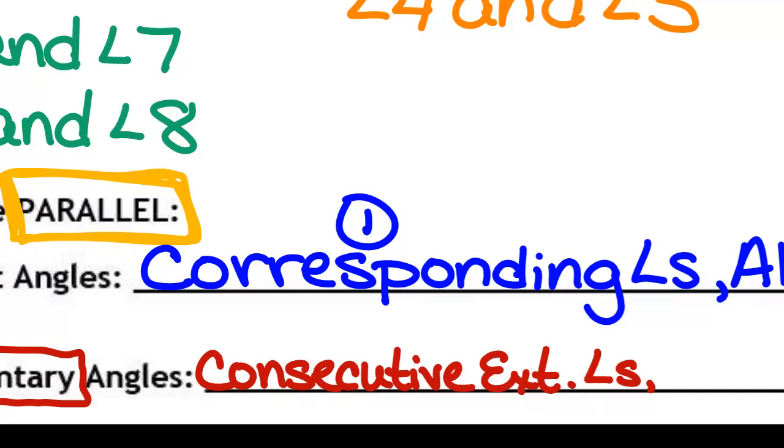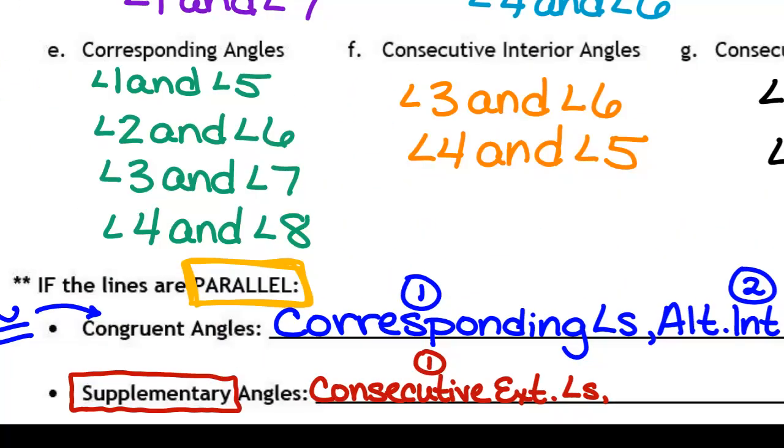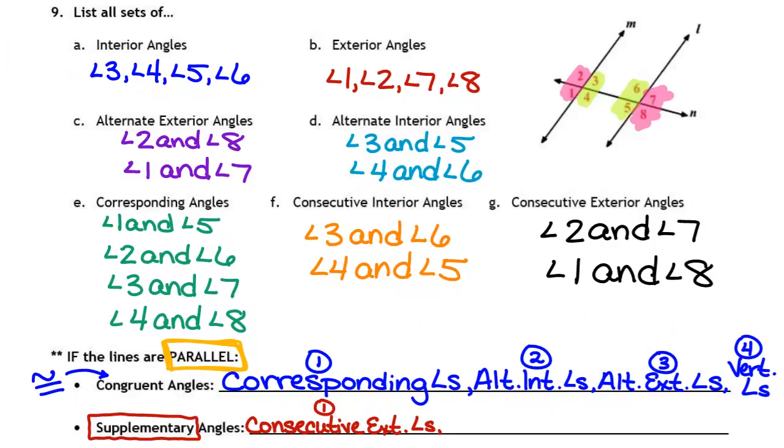What's another special angle pair that is also supplementary? Angle 1 and angle 8. Again, I'm looking for the names of the special angle pairs that are supplementary when the lines are parallel. Angles 1 and 8 would also be consecutive exterior angles.